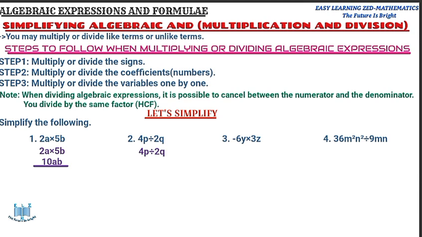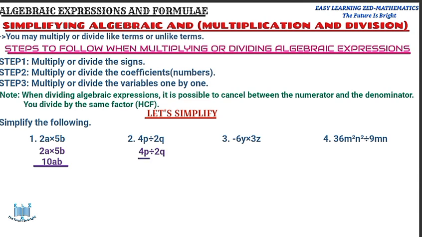Now we have 2 there and 4 there. So we can take it that 4p is the numerator and 2q is the denominator. Now we can find a common number that can go into both numbers. The common factor of 4 and 2 is 2.